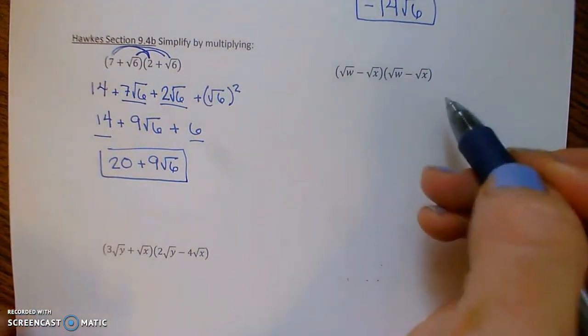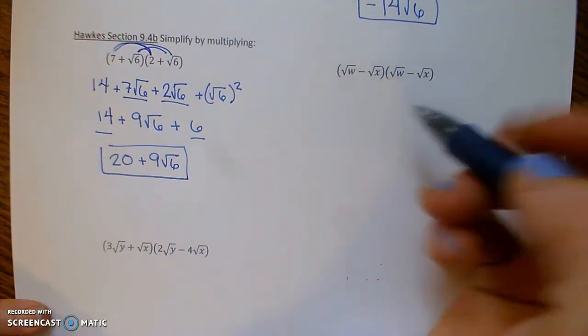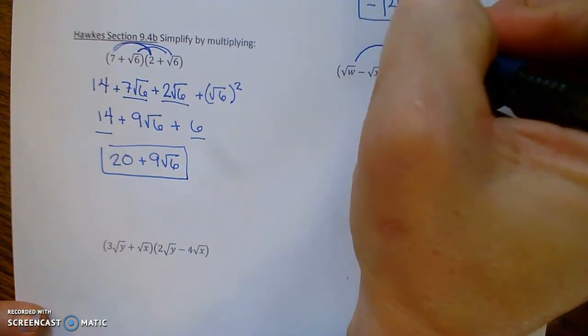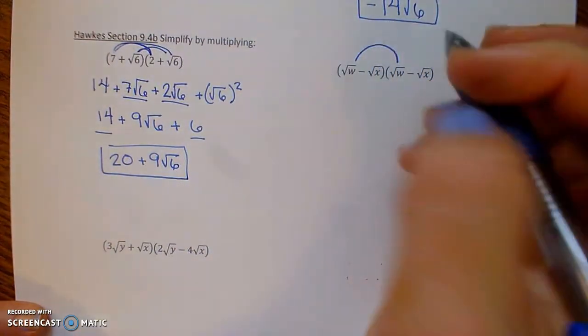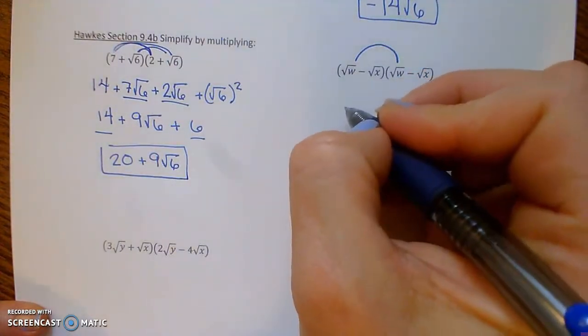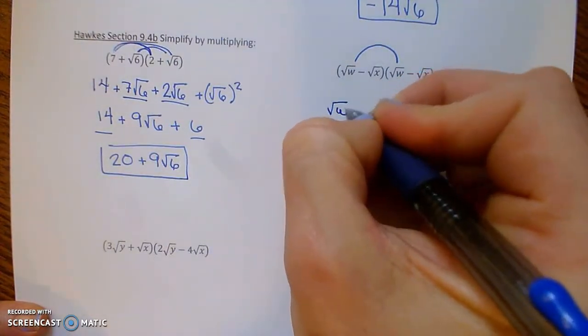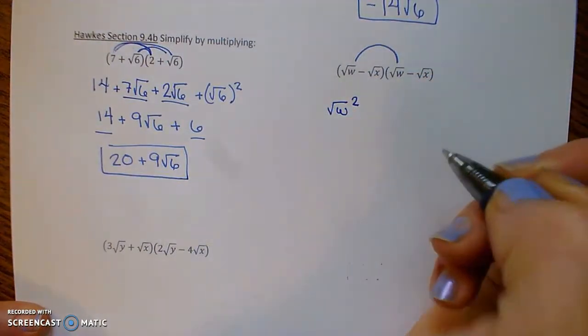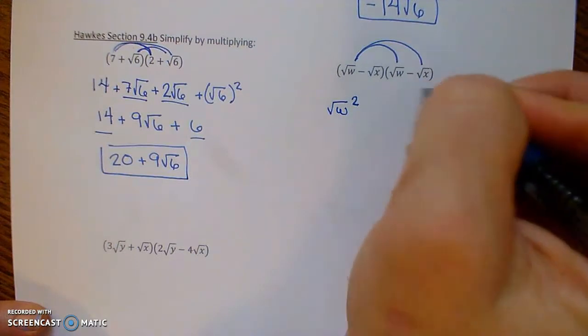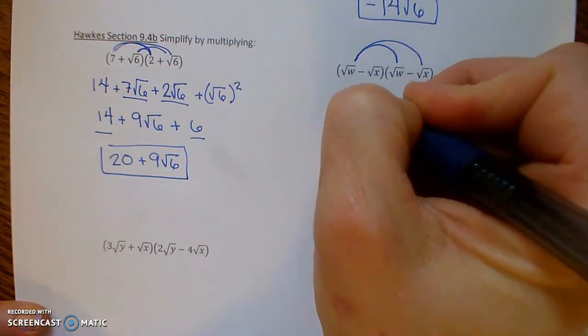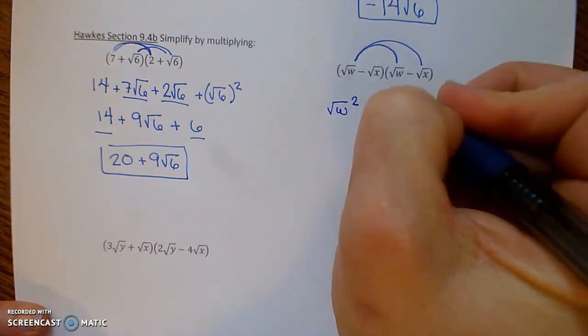Everything's as simplified as it can be inside the radical, so let's move forward on multiplying. Square root of w times square root of w, that'll be square root of w squared. I'm just going to write that down first, and then I'll simplify it later. Now, square root of w times negative square root of x. So that'll be minus square root of w times square root of x.